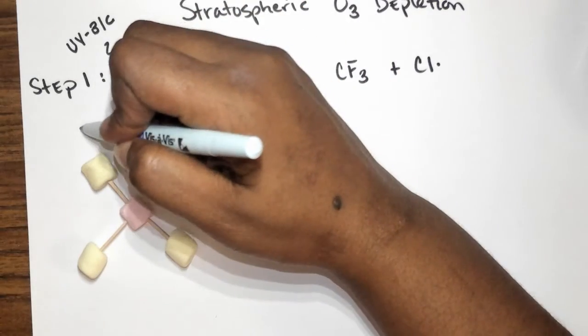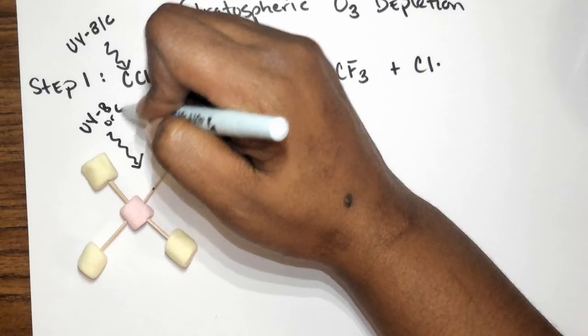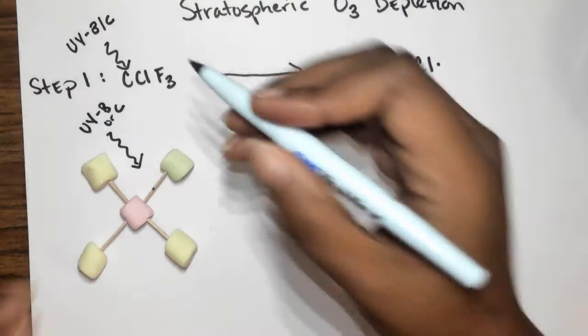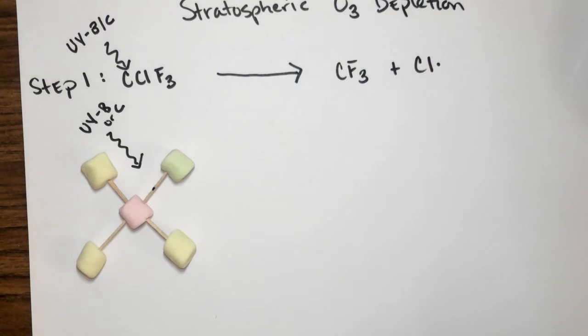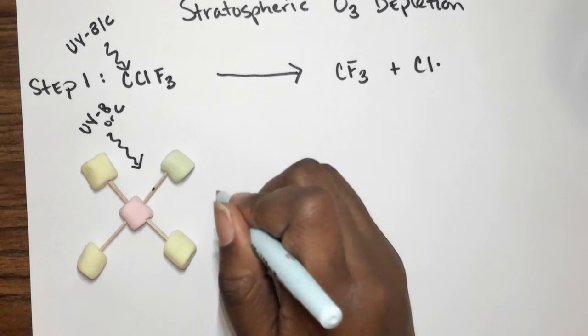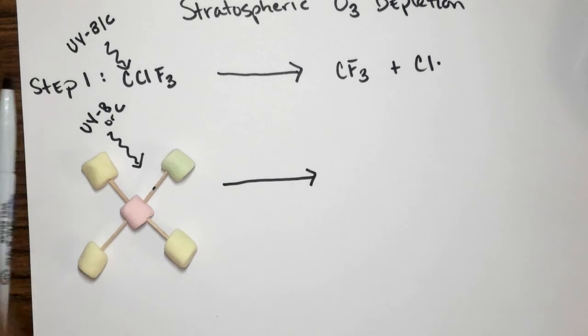Okay, so the UVB or C, one or the other, is going to break this bond there. So then, what do I get? And hopefully you've got enough yellows to make this happen.